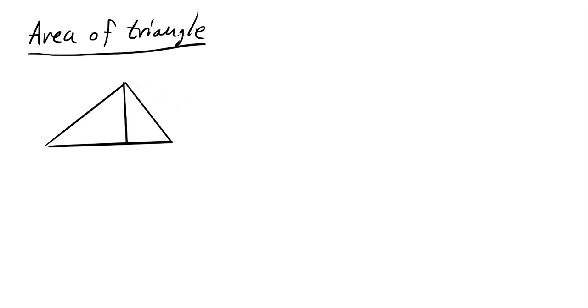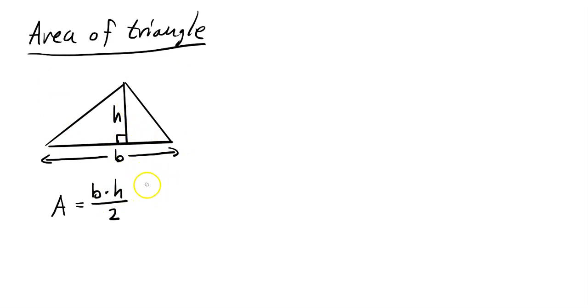If we draw a straight line at 90 degrees from this edge up to the vertex here, this is the height. And this here we call the base of the triangle. Then the area of the triangle is equal to b times h, the base times the height, divided by 2. That can be easily proven by extending this to a rectangle and seeing that this area is half of that rectangle.